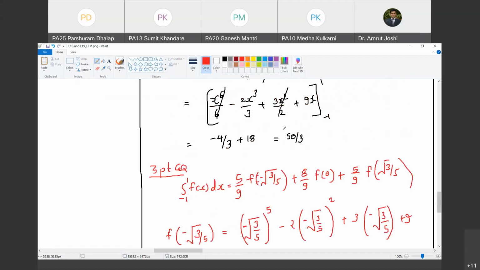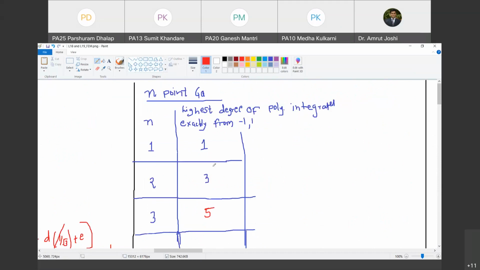Yes, sir. So what does this mean? Let us come to this summary point. N-point Gauss quadrature. When I consider 1-point Gauss quadrature, I can exactly integrate a polynomial of order 1 from -1 to 1. If I go with the quadratic polynomial and try to integrate using 1-point Gauss quadrature, I am going to get an error.